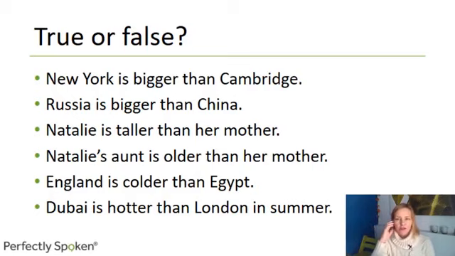Natalie's aunt is older than her mother, meaning my mother, not my aunt's mother. So, yes, it's true. England is colder than Egypt. Yes, it's true.